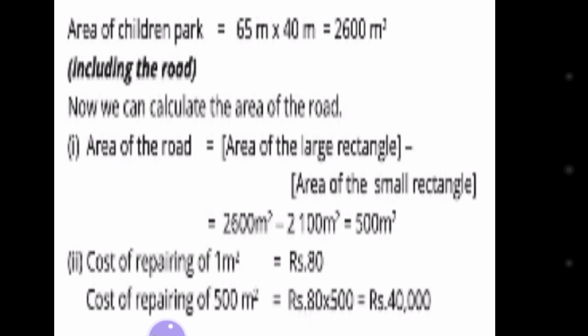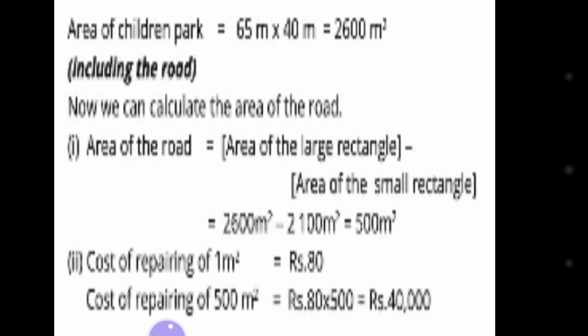Now we find the area of the children park including the road, that is the area of the outer rectangle or the large rectangle. Putting the values into length into breadth, we get 65 meter multiplied by 40 meter is equal to 2600 meter square. That is the area of the large rectangle.